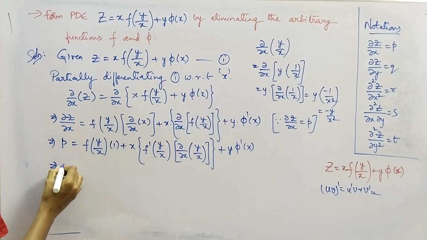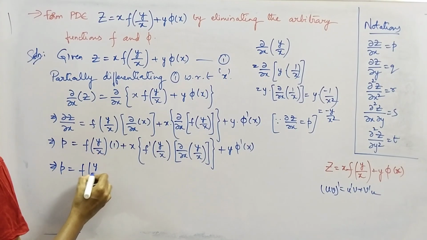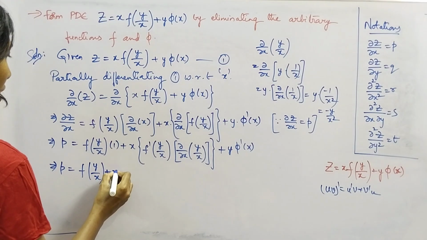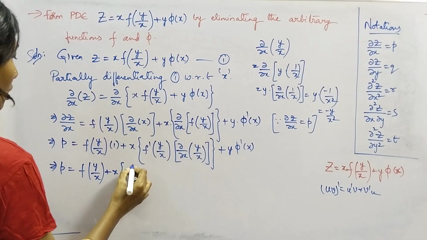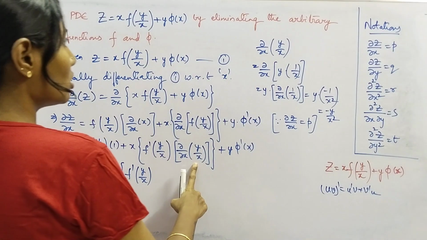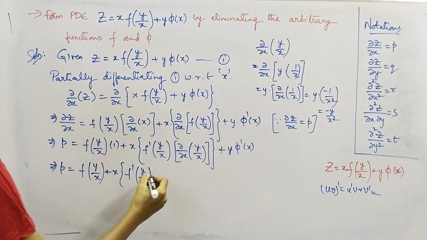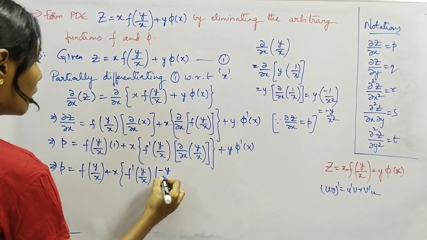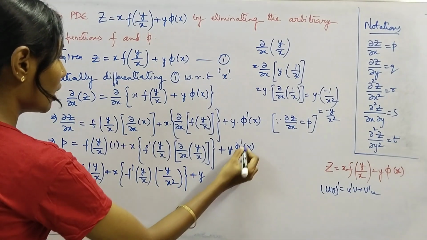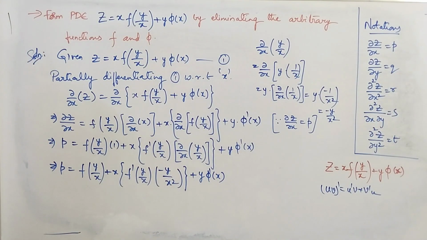Fine. This gives us p equal to 1 into f of y by x, that is f of y by x, plus x times f dash of y by x, times the partial derivative of y by x, which is minus y by x square, plus y into phi dash of x. Clear?